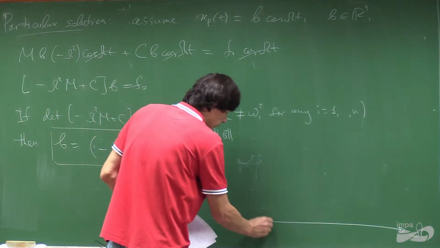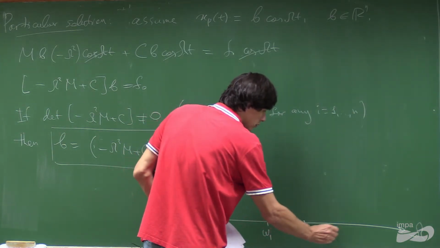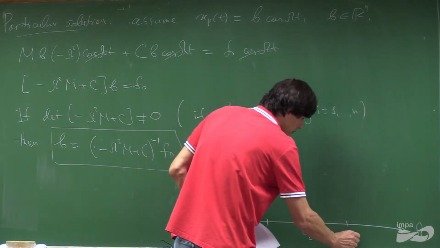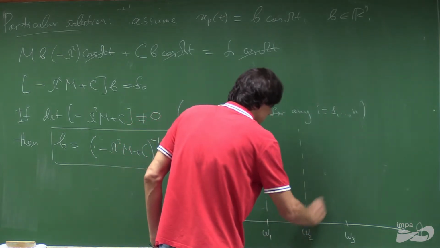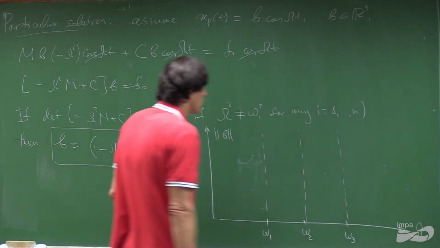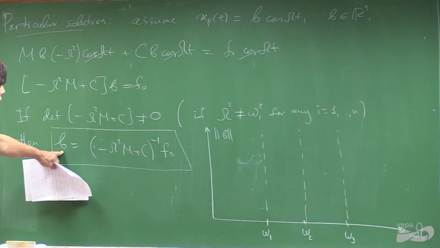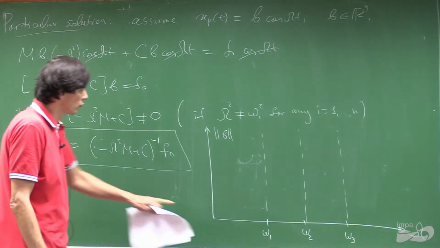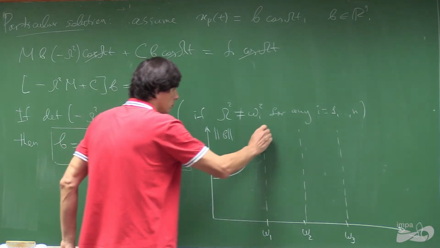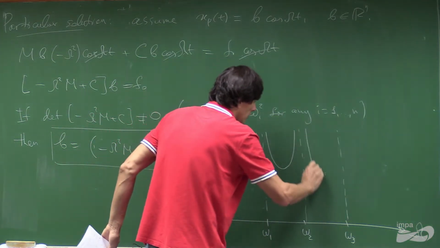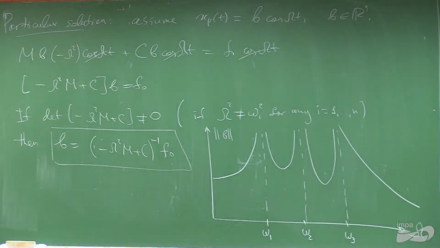Let's assume that we have a few frequencies. Each frequency determines its own resonance, and this expression gives you a finite number at any point which is not a frequency. So this will be a typical graph of this system.